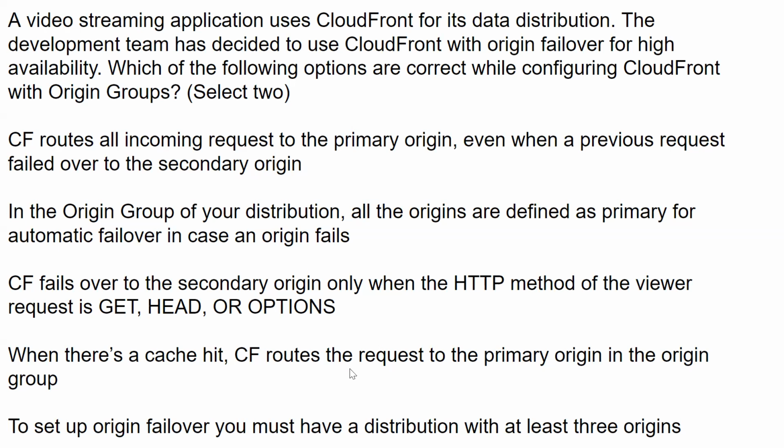CF fails over to the secondary origin when the HTTP method of the viewer request is GET, HEAD, or OPTIONS. When there's a cache hit, CF routes the request to the primary origin in the origin group. Or to set up origin failover, you must have a distribution with at least 3 origins.